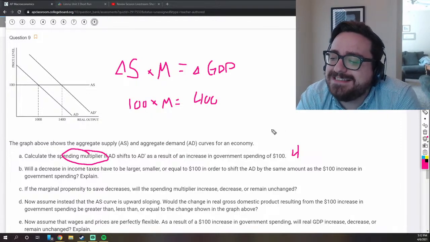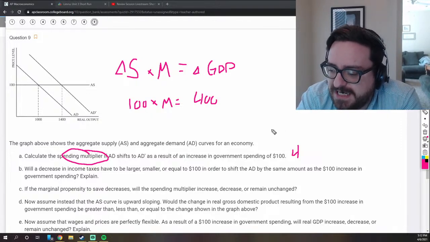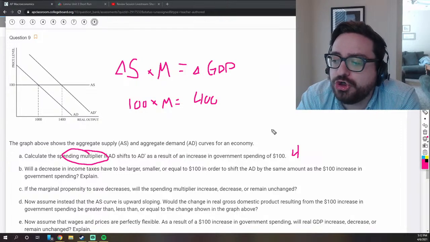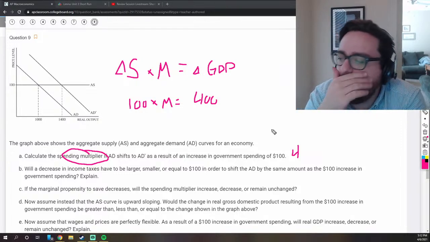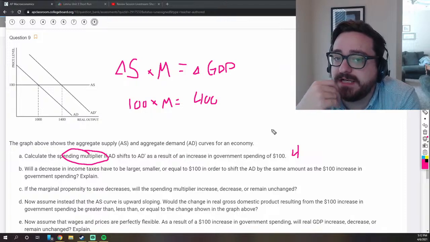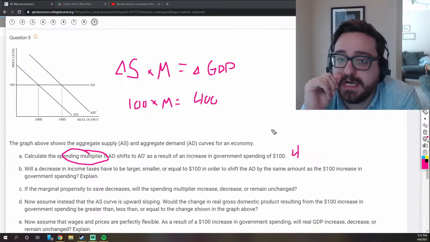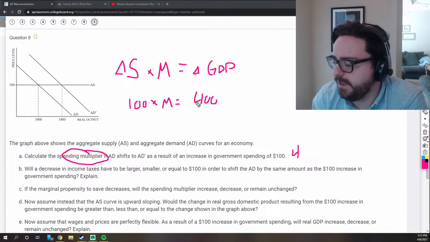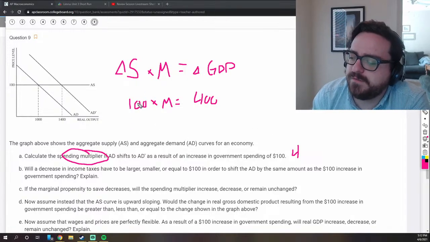B, will a decrease in income taxes have to be larger, smaller, or equal to $100 in order to shift AD by the same amount as the $100 increase in government spending? Okay, so $100 increase in government spending got me a $400 increase in GDP because it's a spending multiplier.